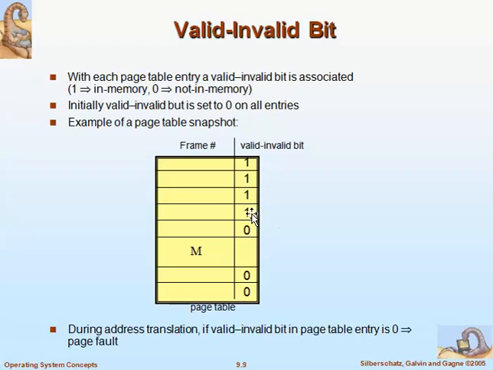If it is valid, that particular page is available in the main memory. Means if this valid bit is 1, that page is available in the main memory. And if the bit is 0, there are two possibilities. If the bit is 0, it is invalid, so a trap is generated to the OS, the operating system.